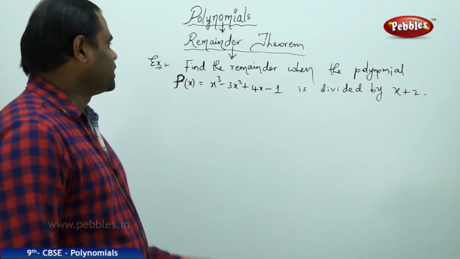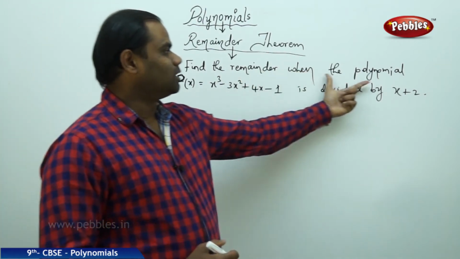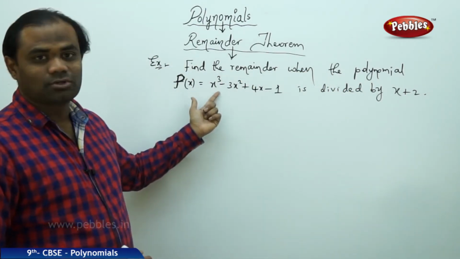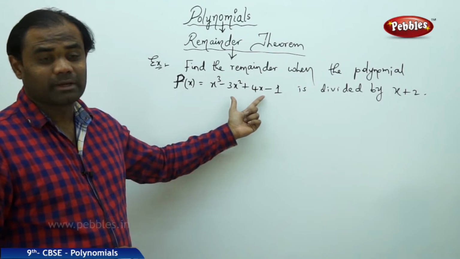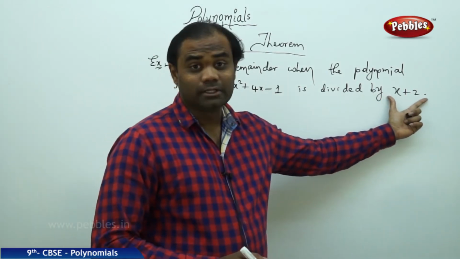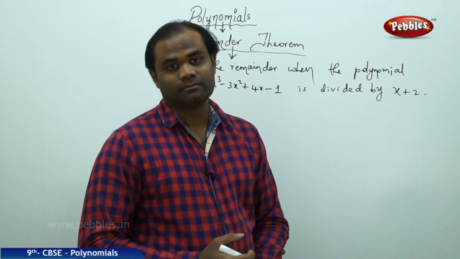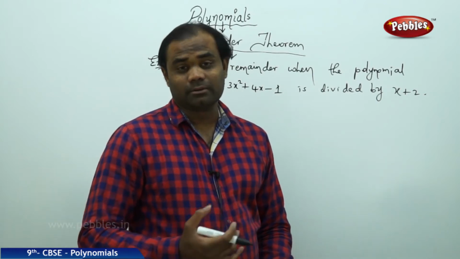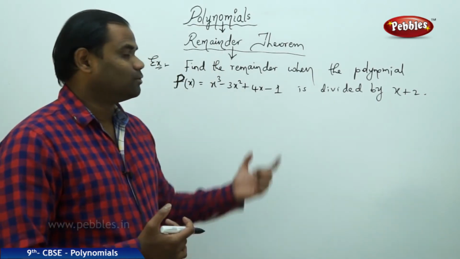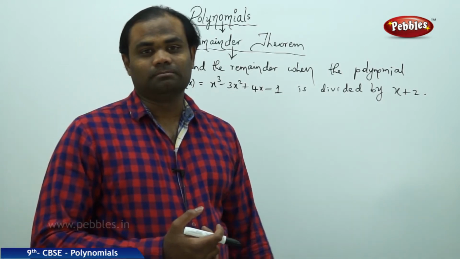The question is very clear about finding the remainder when the polynomial x cubed minus 3x squared plus 4x minus 1 is divided by the linear polynomial x plus 2. So let's see how the remainder theorem can be applied for this particular example problem.